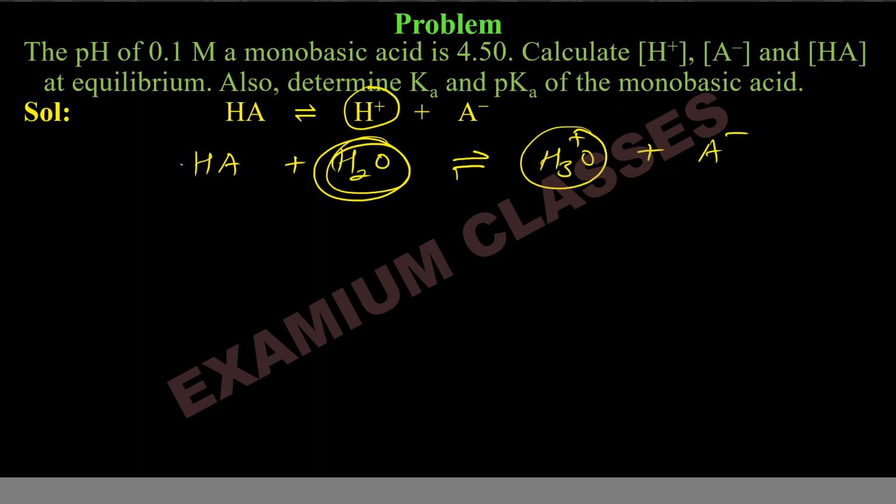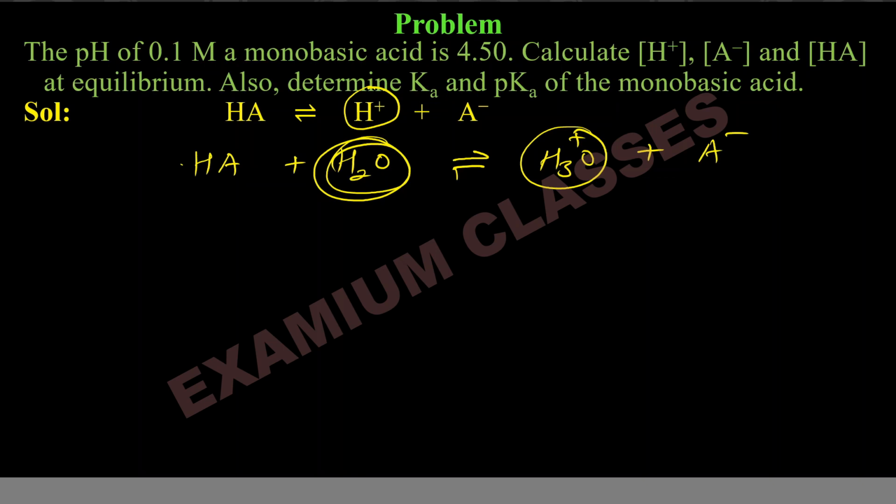Alpha has not been asked. So there is no need to unnecessarily do complex calculations. So at equilibrium I have 0.1 minus x, x and x concentration. Minus x got consumed, x got produced, x got produced.